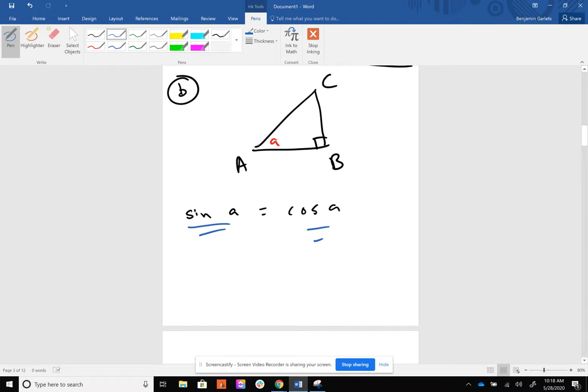So in the ratios of these, sine of A is opposite over hypotenuse. So BC over AC.